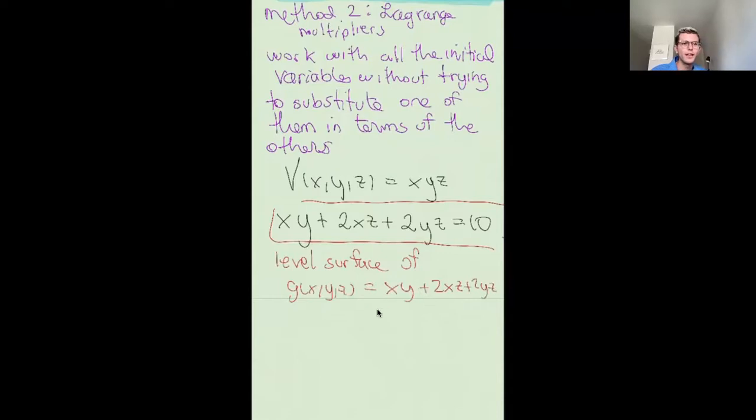Well, the tangent plane is about to appear, right? If I have an expression involving x, y, and z being set equal to a number, that is essentially another name for a level surface. Is that making sense?